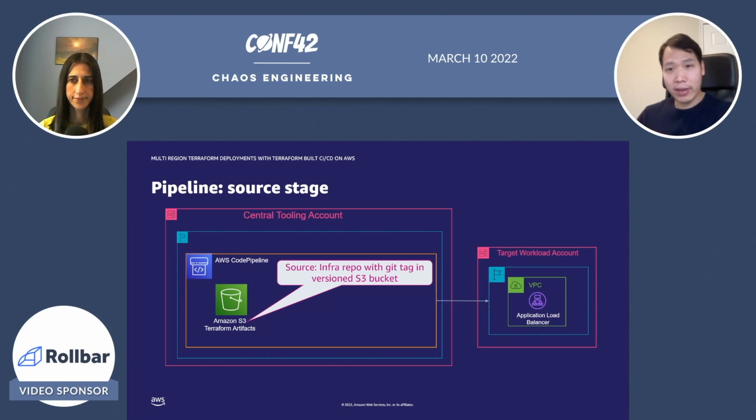On the right, it contains the VPCs and the application load balancers you see. And the second piece of information is what Lerna talked about, the Git tag data, so that it can be passed on to the later stages of the pipeline so that they can influence the pipeline deployments to different regions, different accounts, different environments, and so forth.